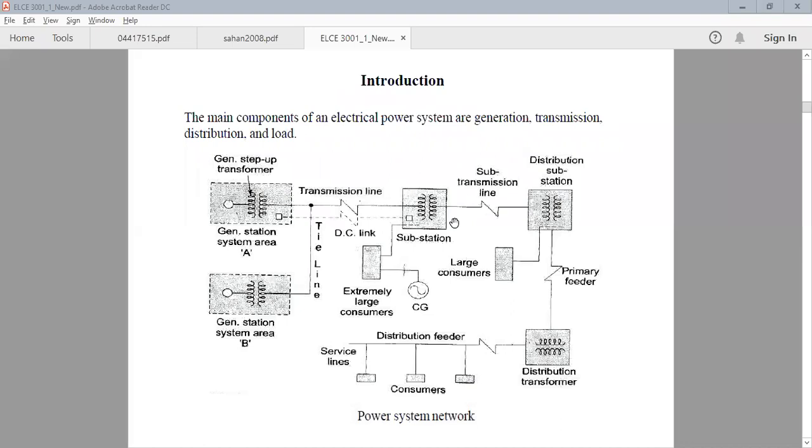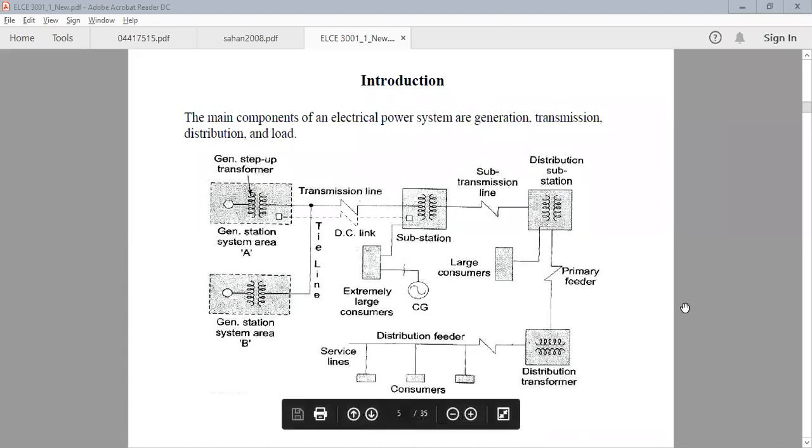Okay. In the main components of an electrical power system, any power system, we have some standard components. This is all what we are going to study this year.